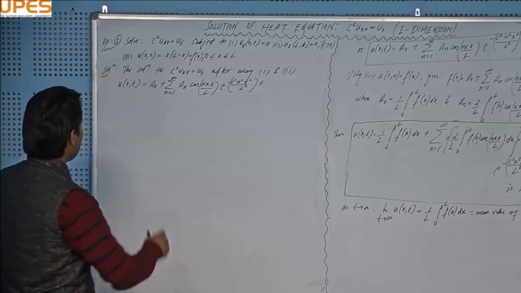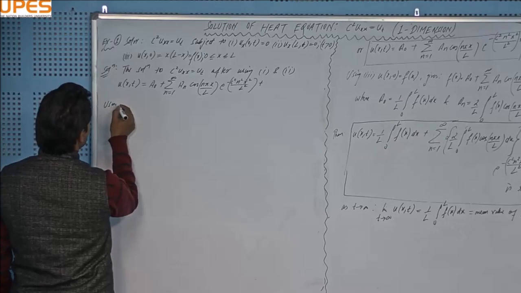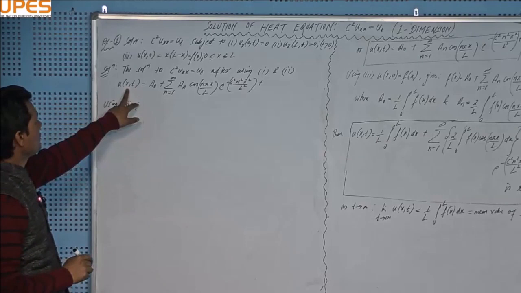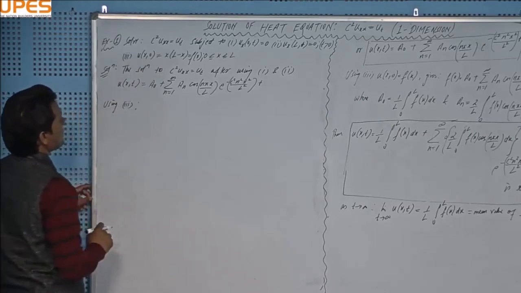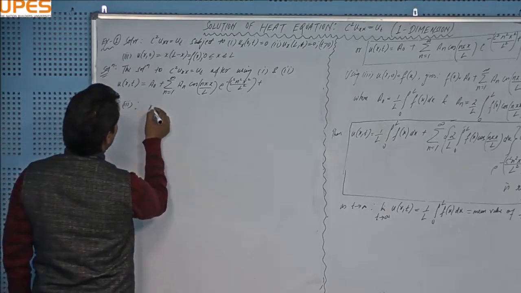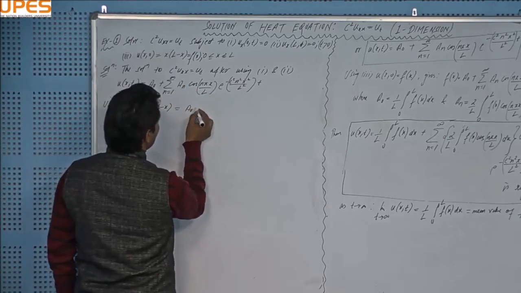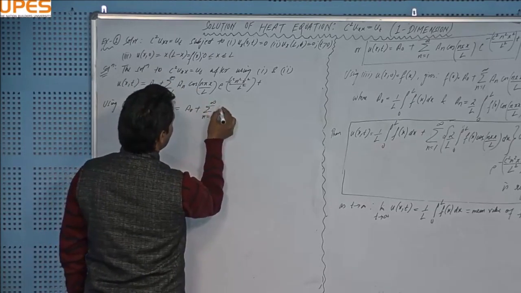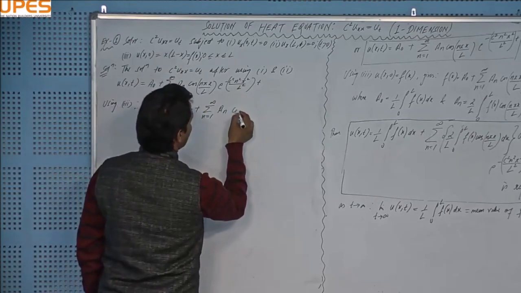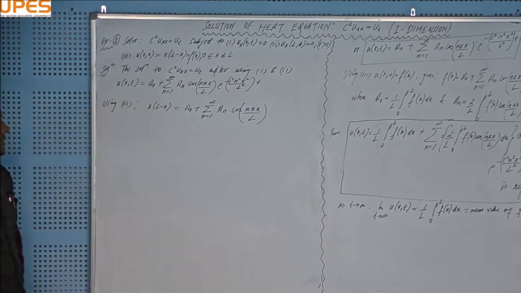Fine. Now using condition number 3, putting t = 0, that will give x(L − x) = f(x) = a_0 + summation n = 1 to infinity a_n cos(nπx/L).